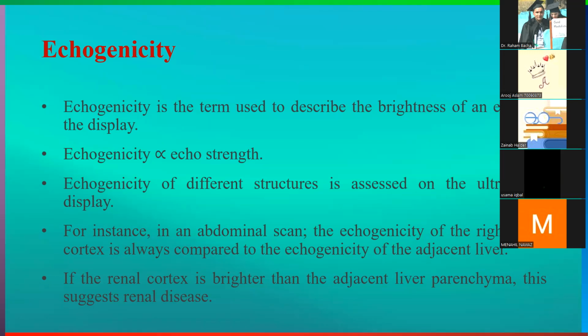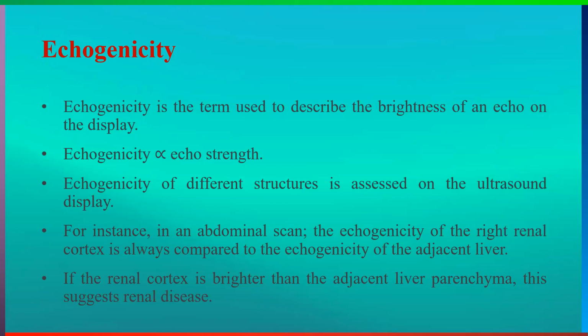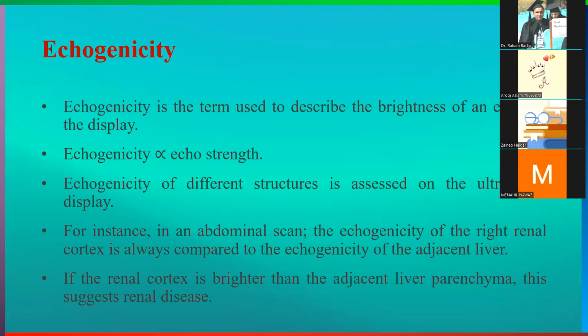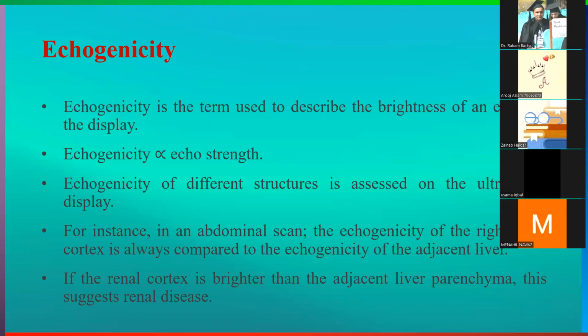So the echoes that are received by the transducer and displayed on the display of the ultrasound machine can be displayed in brightness. If strong amplitude echoes are received, then they will be displayed bright on the display, and vice versa. So, in other words, we can say echogenicity is brightness. Although if you search the meaning of echogenicity in a dictionary, there will be no meaning of echogenicity as brightness.